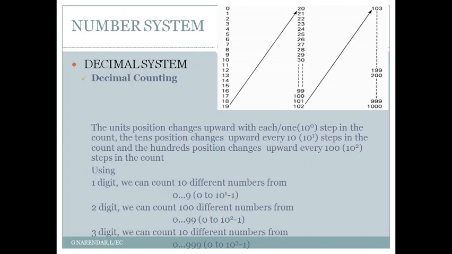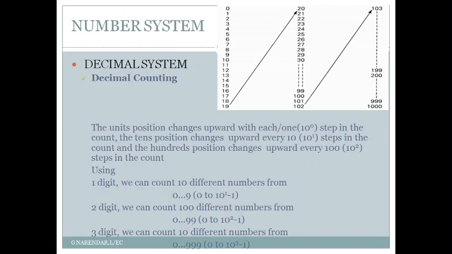This requires one careful observation. By writing the count from 0 to 9, we have exhausted our 10 digits, and we have to take a new position to form a number.